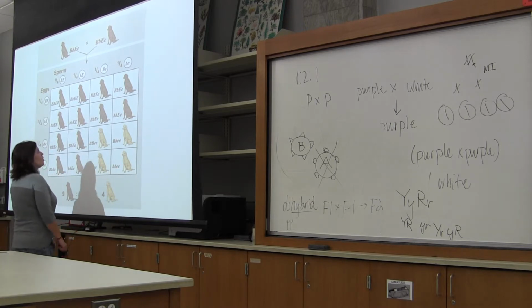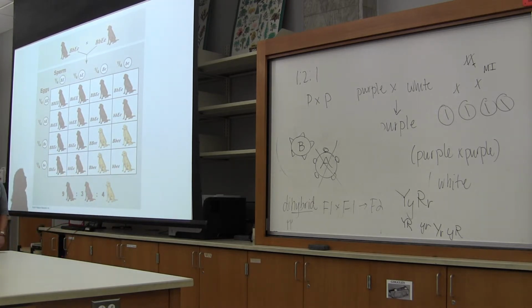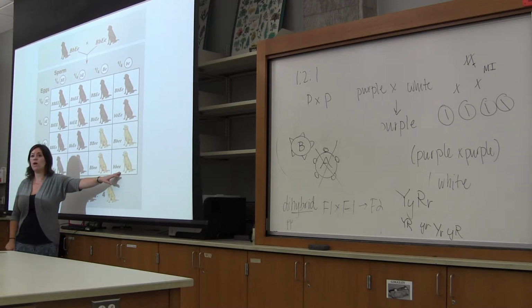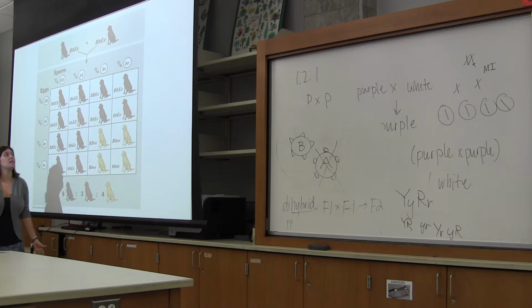And so if you look at the different possibilities, in this case we're taking heterozygous black labs. They're heterozygous for the coat color. So in other words, they're going to be black because black is dominant to brown. And then for the other gene, for this E gene, that determines the pigment, whether or not it's going to be deposited.